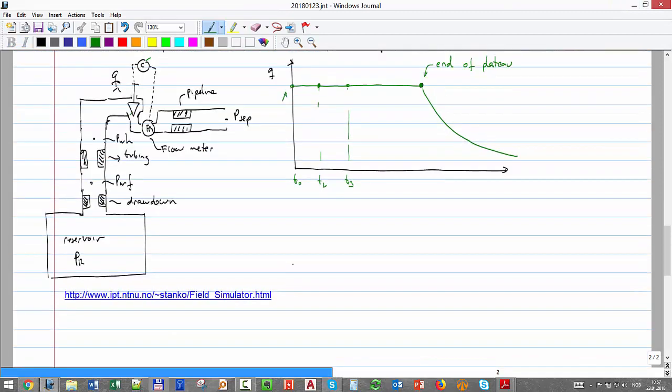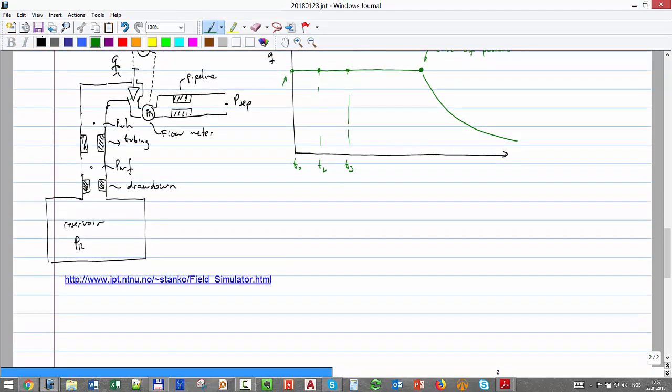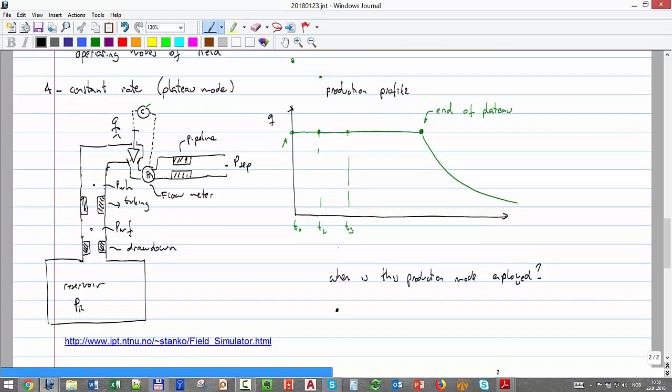So when do we use this production mode? Usually it is used in standalone developments.